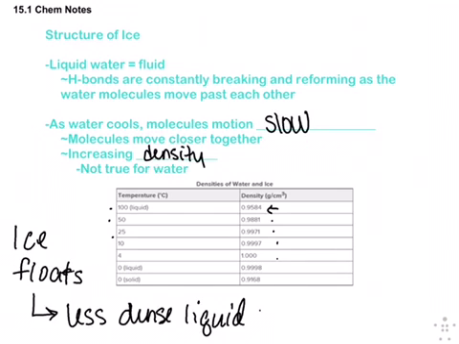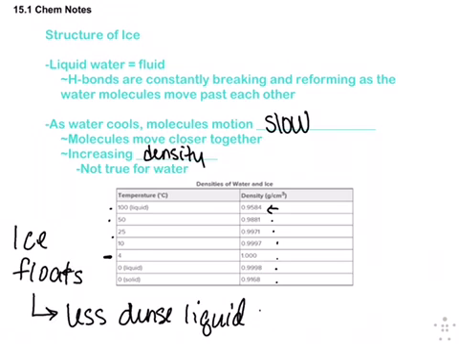Okay? That's normal until you get to 4 degrees Celsius. Then after 4 degrees Celsius, at 0 degrees when it's still in the liquid state, the density drops to 0.9998. And then once it turns to the solid, the density is even less at 0.9168. So what temperature is water its most dense at? 4 degrees Celsius.